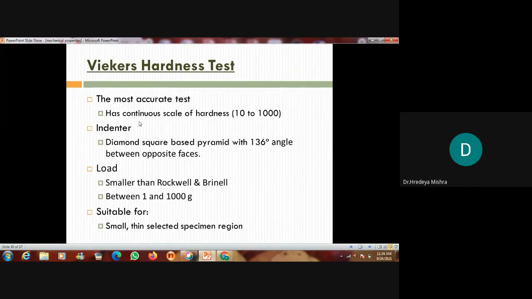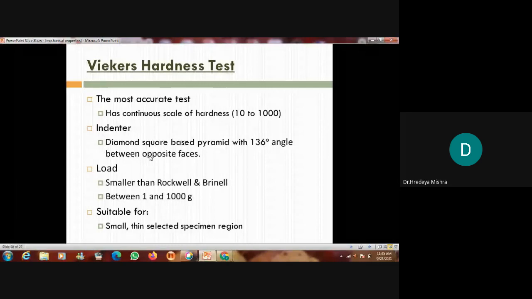Here the indenter is a pyramid, not a ball.